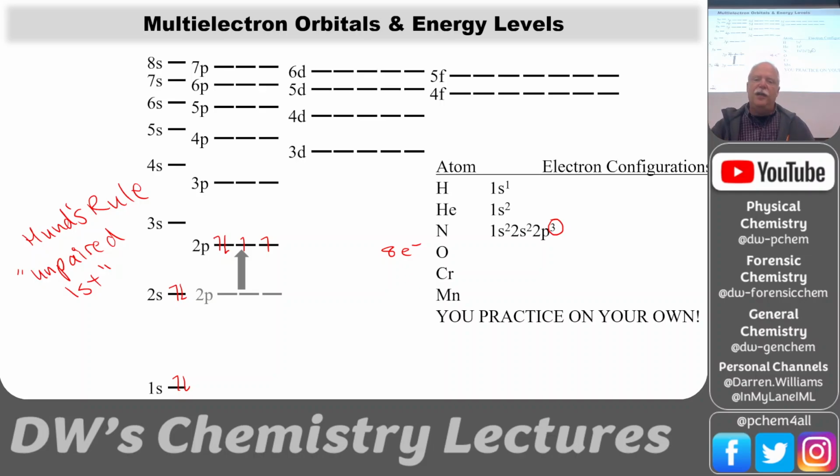They'll be slightly different in energy, but at this point, we're just drawing them with the same energy. Okay. And so we could look at this. We have 1s2. So when we say 1s2, that's what we mean. There's 2 electrons in the 1s orbital. Then 2s2 and 2p4. So that's the electron configuration for oxygen.